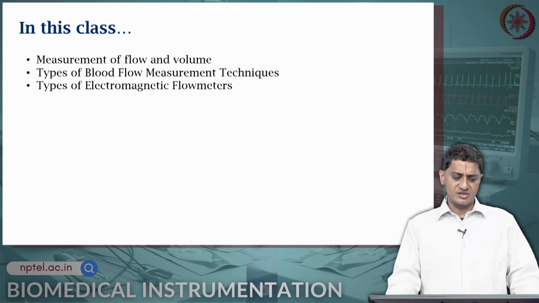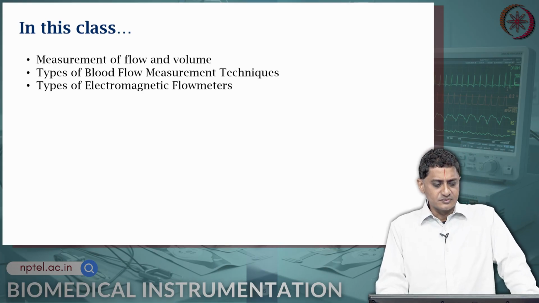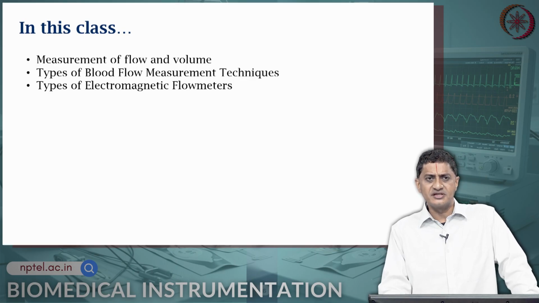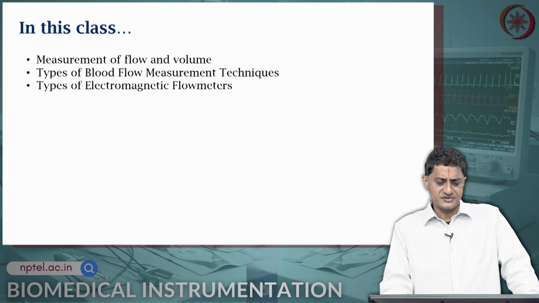Volume is the total volume that has flown. Right. What are the types of blood flow measurement techniques? In this video, we will introduce one type of these measurement techniques, namely the electromagnetic flow meters.